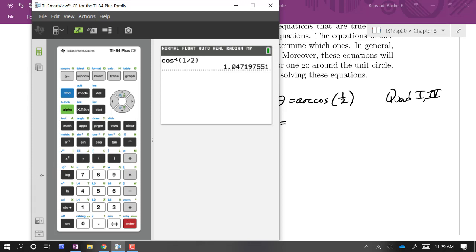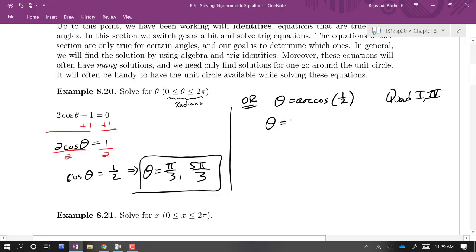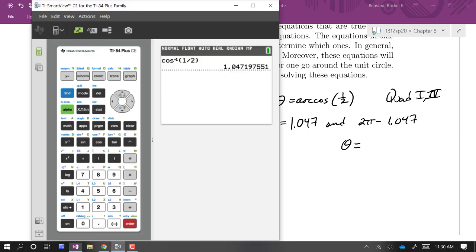We get 1.047. And then in the fourth quadrant, that's 2 pi minus this reference angle. That's 5.236.